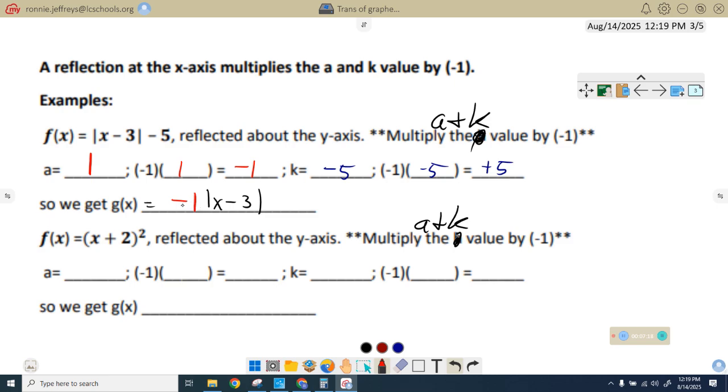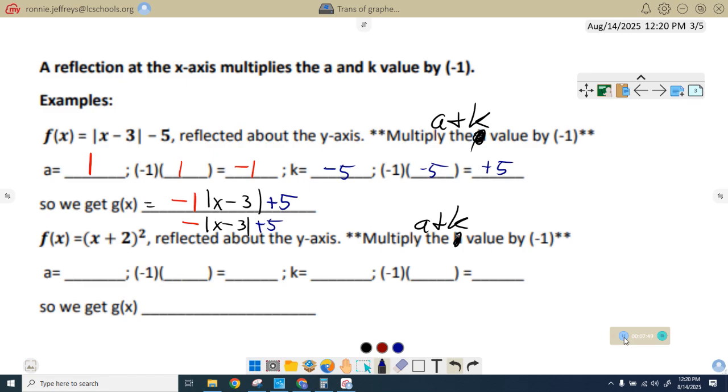If you need to write negative 1 like this in this class to understand it, that is absolutely fine. If you just write it with just the minus, I will accept that also.